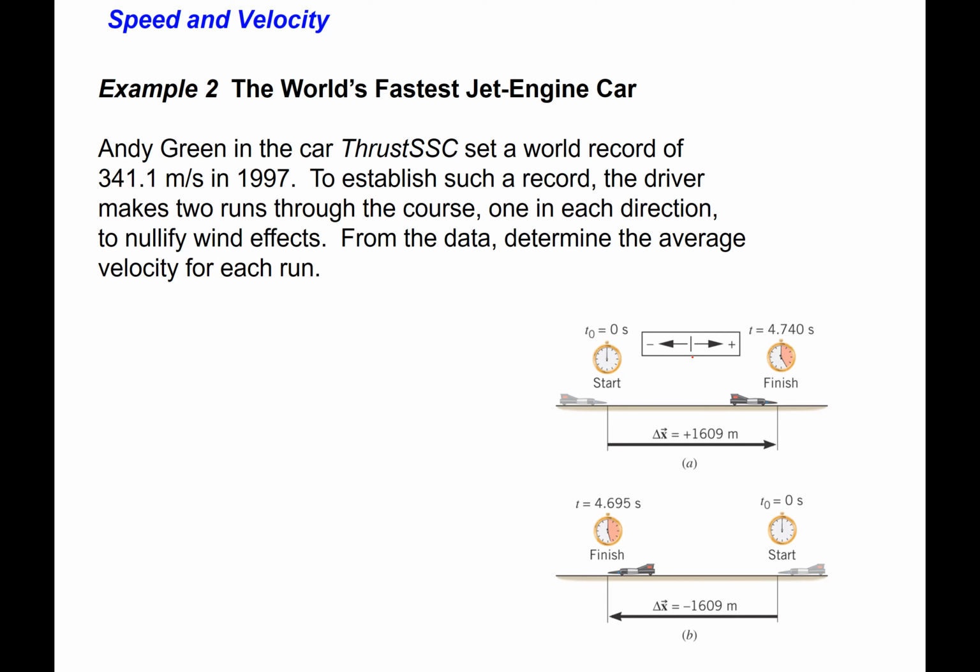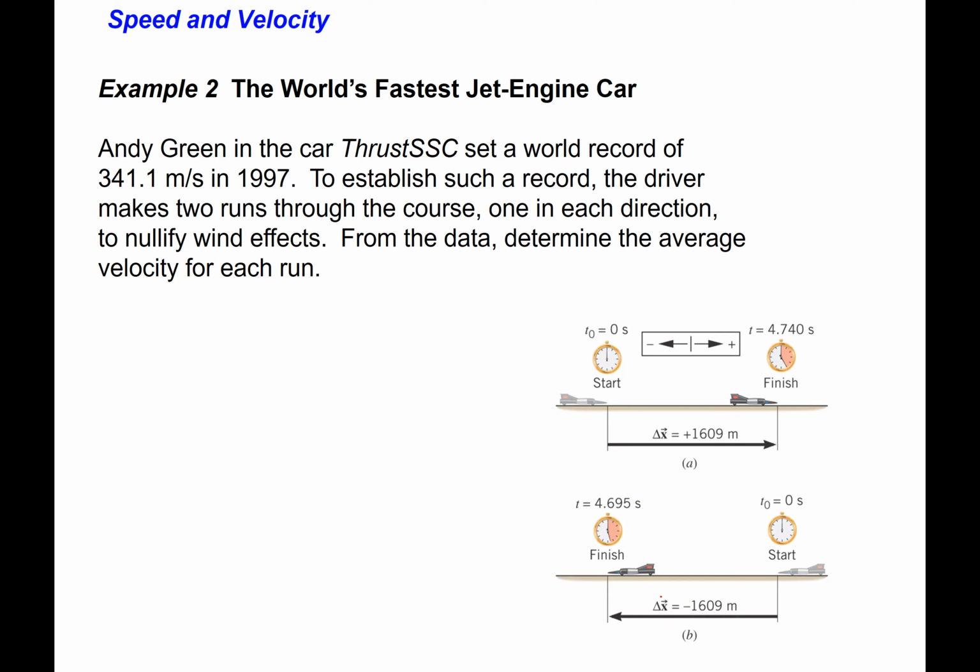So, as you can see in figure A, because he is moving from left to right, the displacement vector is a positive 1,609 meters. But in figure B, he's moving from right to left. And when we move from right to left, or in this picture, toward the west, then my displacement vector is negative 1,609 meters.